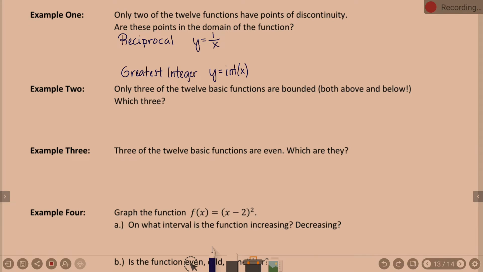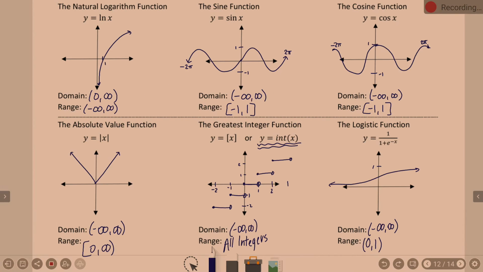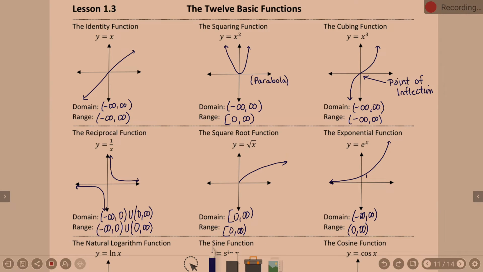Now, are these points in the domain of the function? No. So, on the reciprocal function, first of all, where is this graph discontinuous? When x equals 0. Is 0 in the domain?